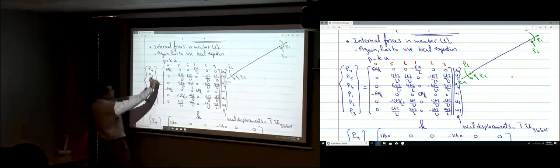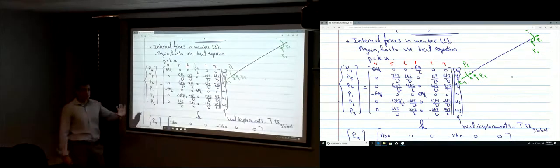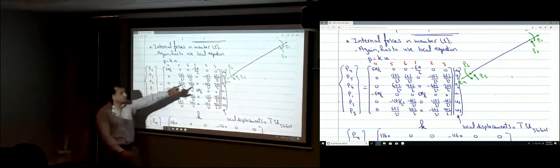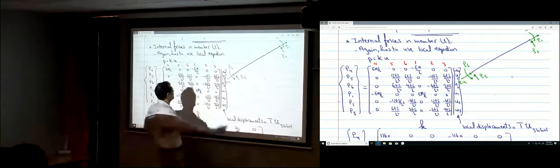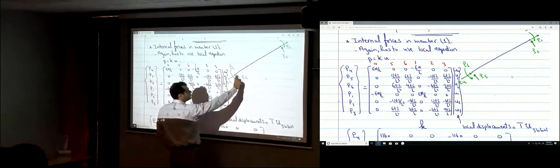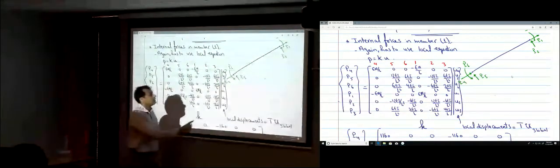Why did I put it in that way? Because you have to start with the start of the member. That's the start of the member, and that's the end of the member. So the start first: the normal, then the shear force, and then the moment.